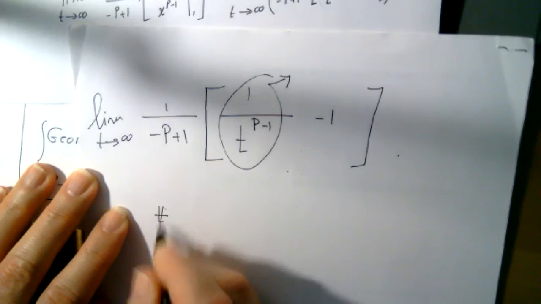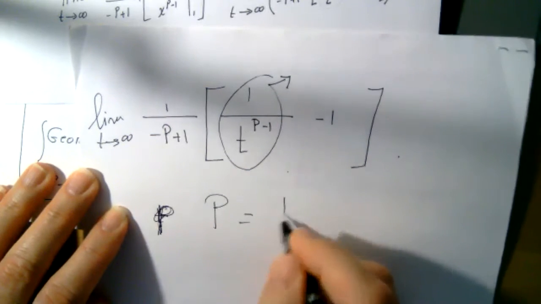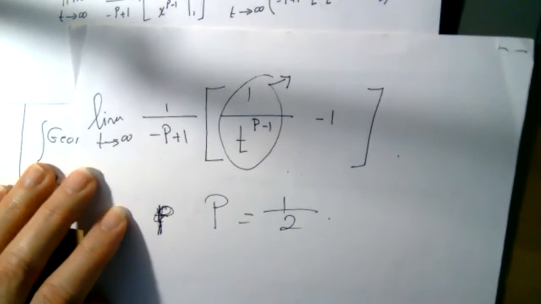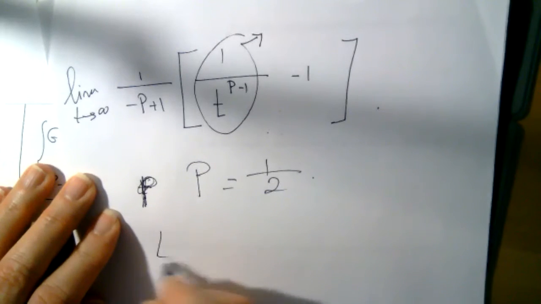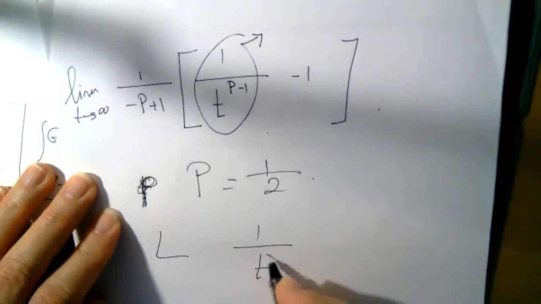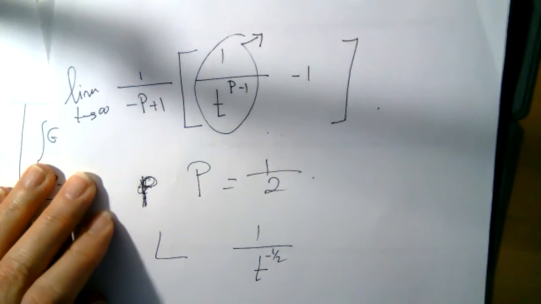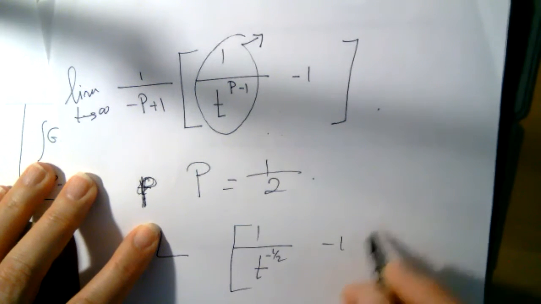Suppose I give you p to be equal to a half, because p could be anything. And then what will be the problem? I'm going to have 1 over t to the power a half minus 1, minus a half. All right, so this is going to become minus 1.